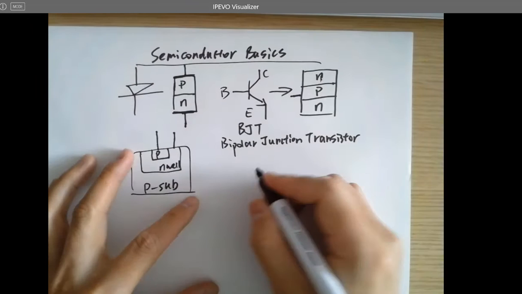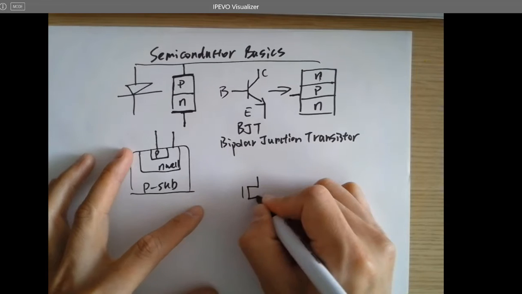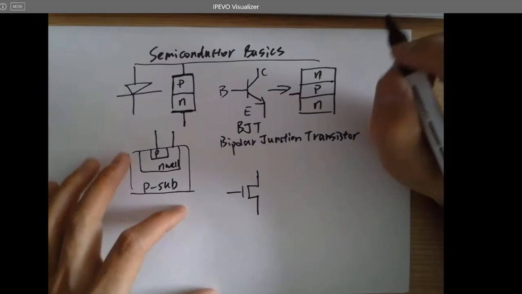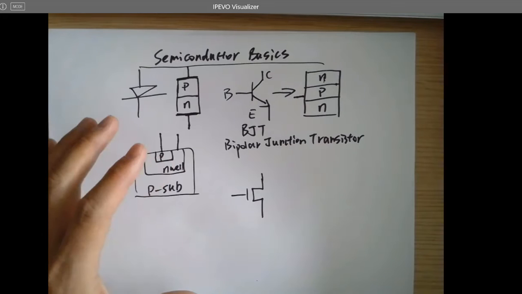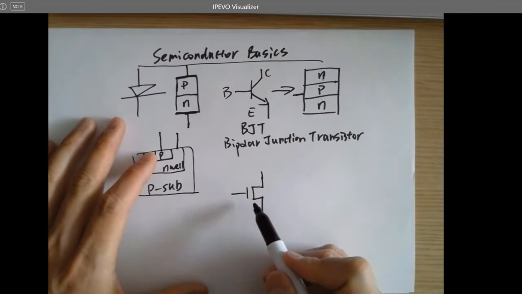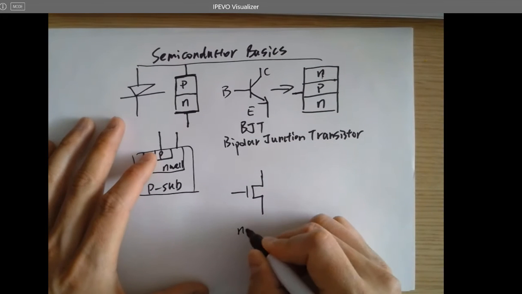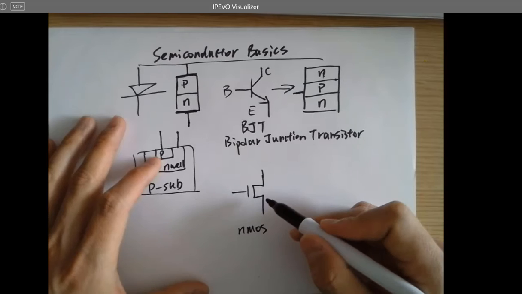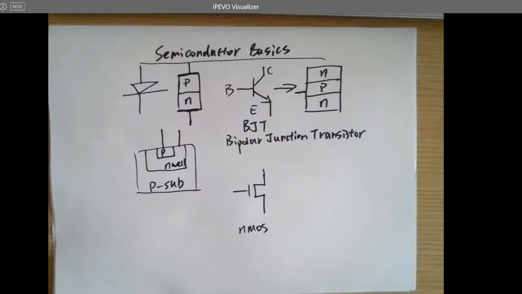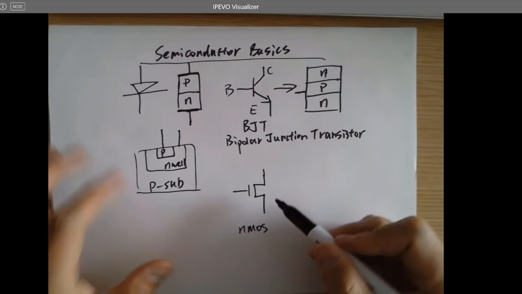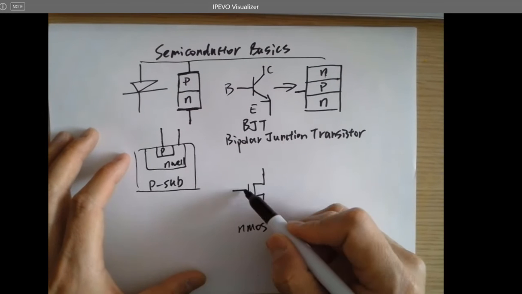So the NMOS transistor looks like this. You have used this at least in your computer logic class to build logic gates, right? So this is the NMOS transistor. Why do I know this is NMOS? Still remember that? A trivial question. Because there's no little bubble here, right?